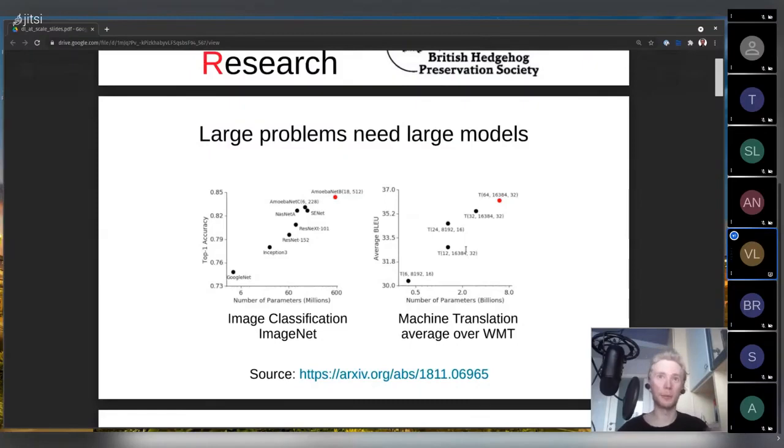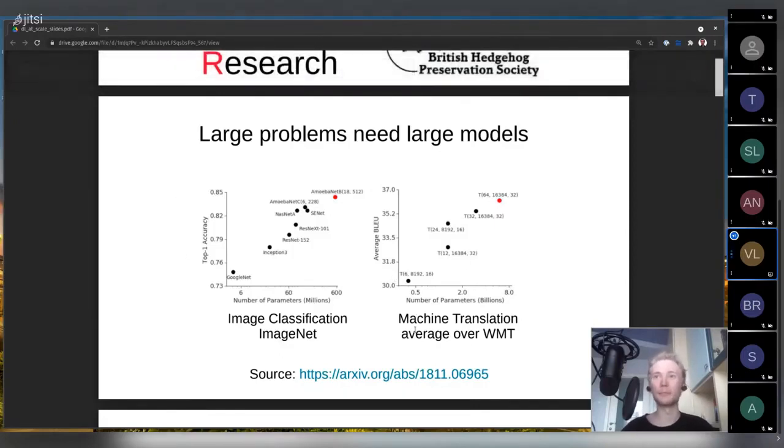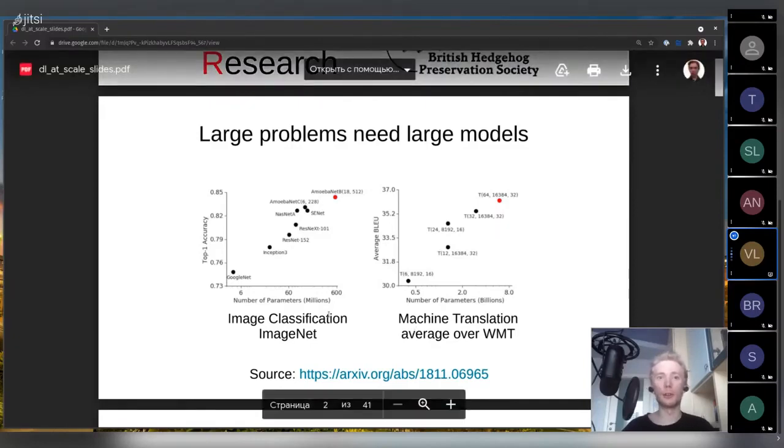Basically, the good reasons come down to the fact that our data set never fits on one GPU, and more crucially, our models can also have trouble. We can also have trouble fitting them onto one GPU. So this illustrates the average size of models in various tasks.